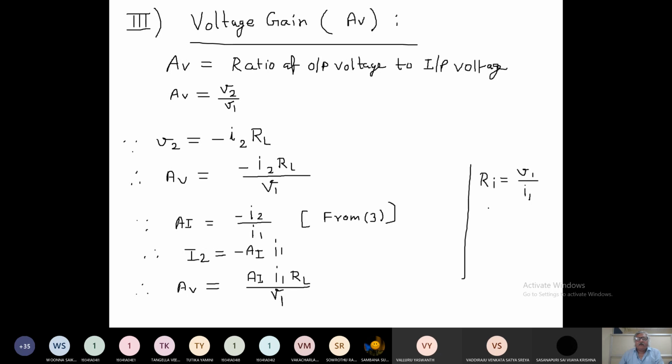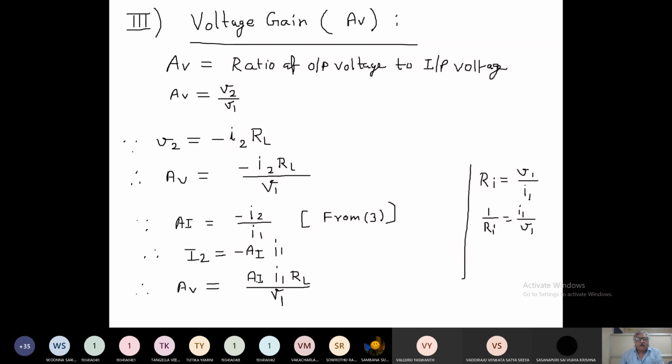So this 1 by Ri will be I1 by V1. So here we have written this I1 by V1. This we will replace by 1 by Ri, right?